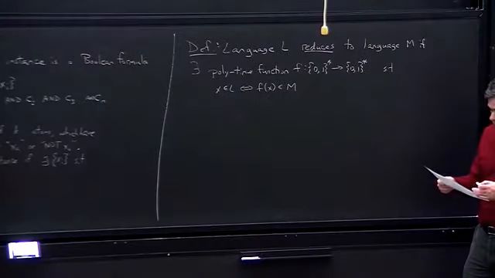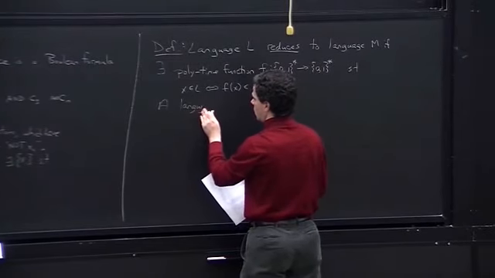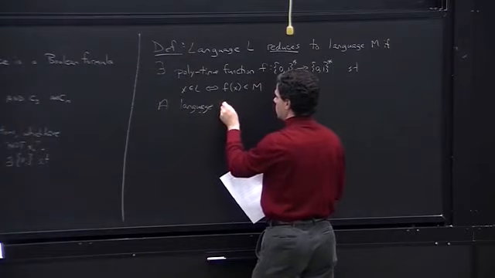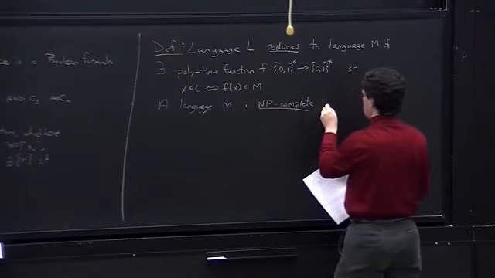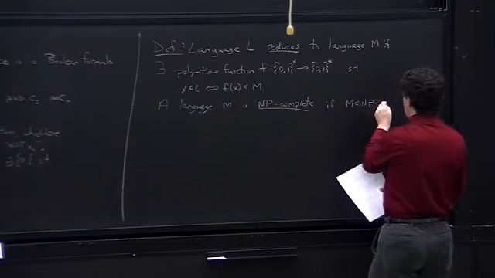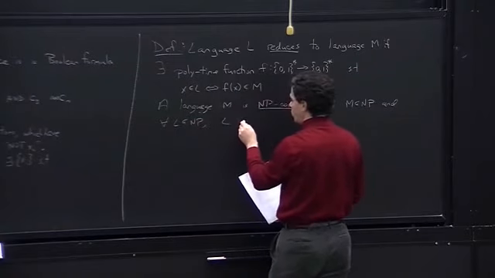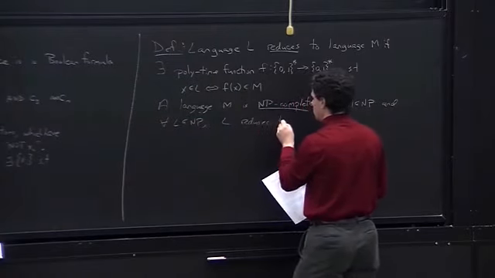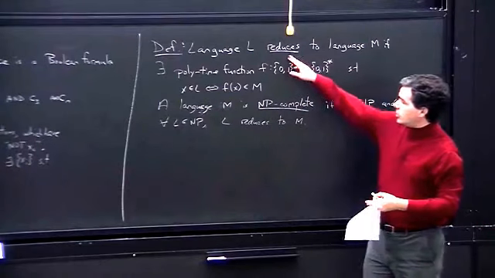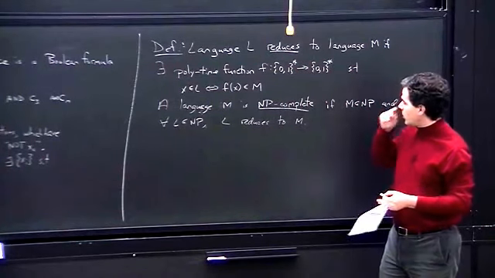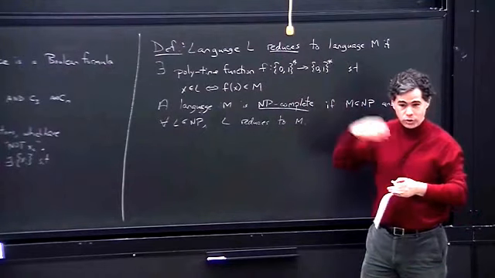And then we say that a language M is NP-complete if the language is in NP, and for all languages in NP, they can be reduced to the language M. Okay, so this terminology is maybe a little bit confusing in that the motivation here is that the language M is at least as hard as L. So you're reducing to something harder.